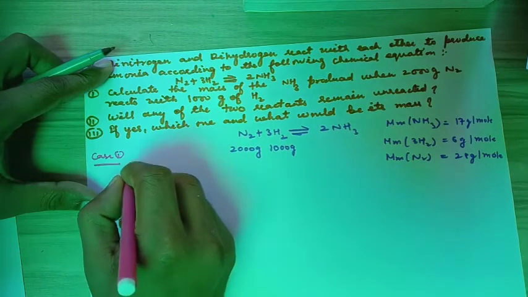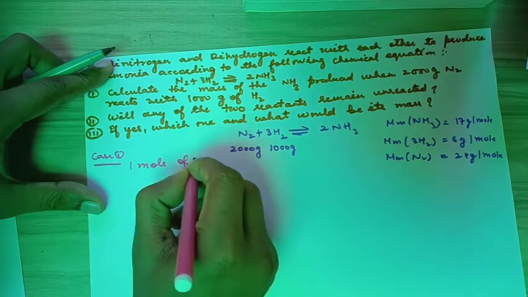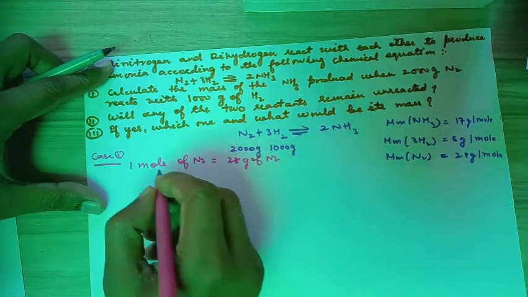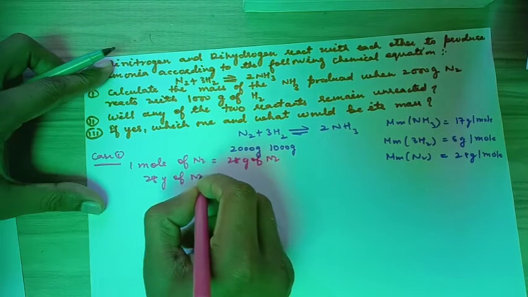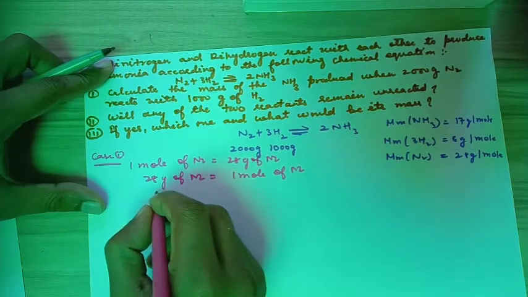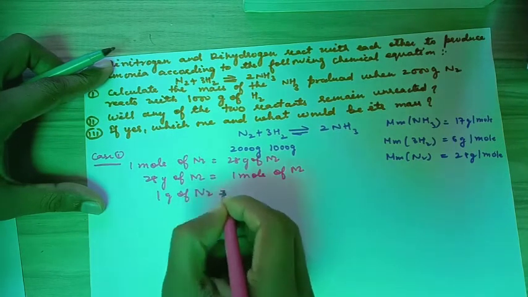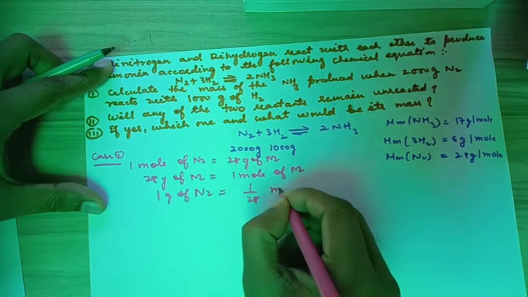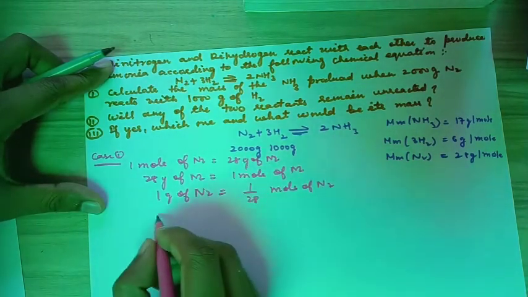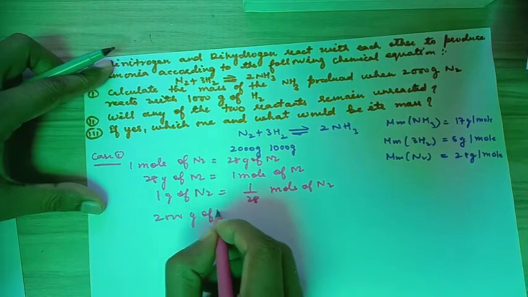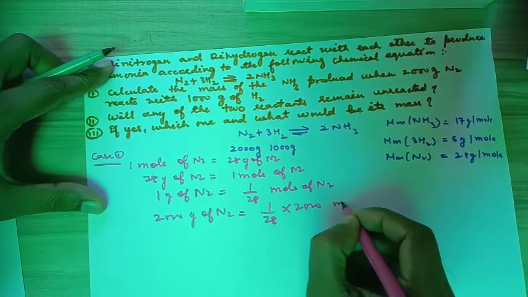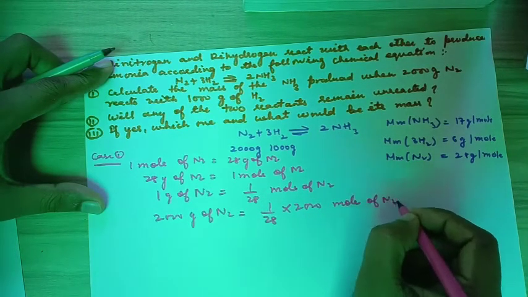So 1 mole of N2 will give us 28 gram of N2, or we can write 28 gram of N2 gives us 1 mole of N2. So 1 gram of N2 will give us 1 by 28 mole of N2. So 2000 gram of N2 will provide us 1 by 28 into 2000 moles of N2.